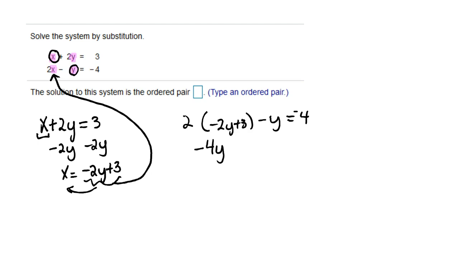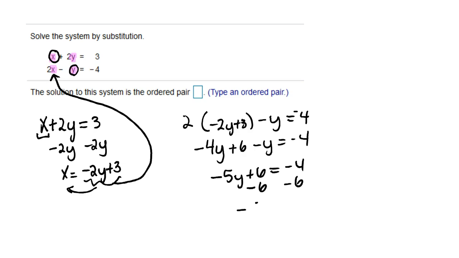It's negative 4y plus 6 minus y equals negative 4. I'll combine like terms. That's negative 5y plus 6 equals negative 4. Subtract 6 on both sides. That gives me negative 5y equals negative 10. Divide both sides by negative 5, and y equals a positive 2.